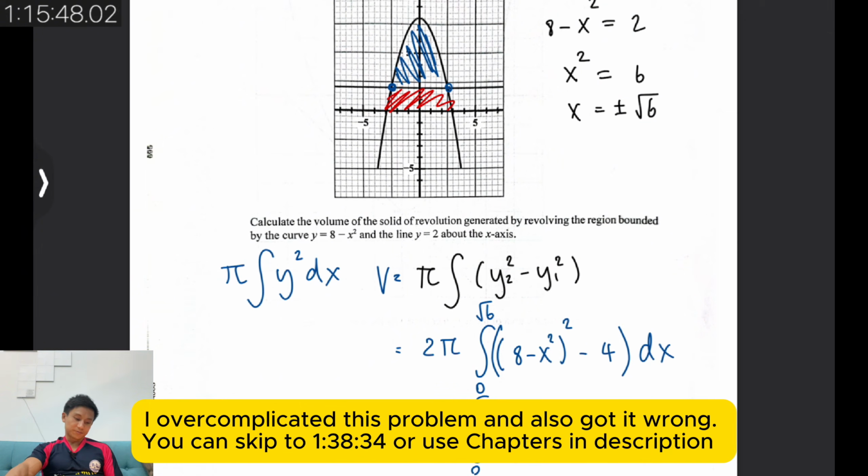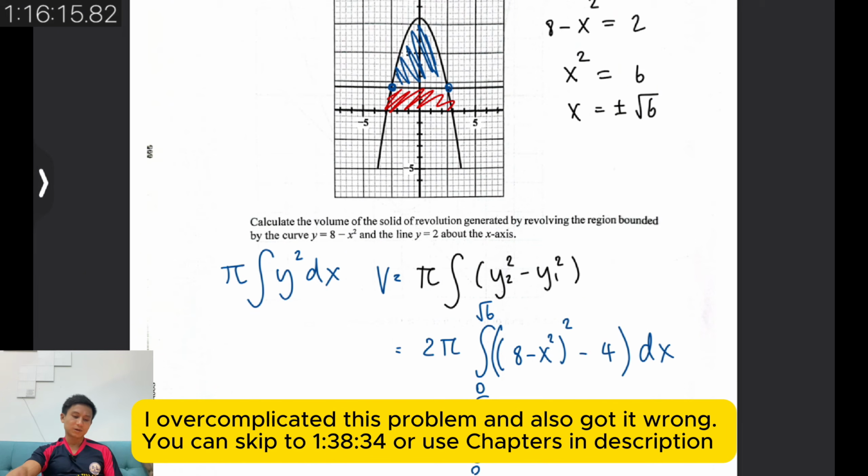This is wrong. That's the curve. Let me think. Very interesting.